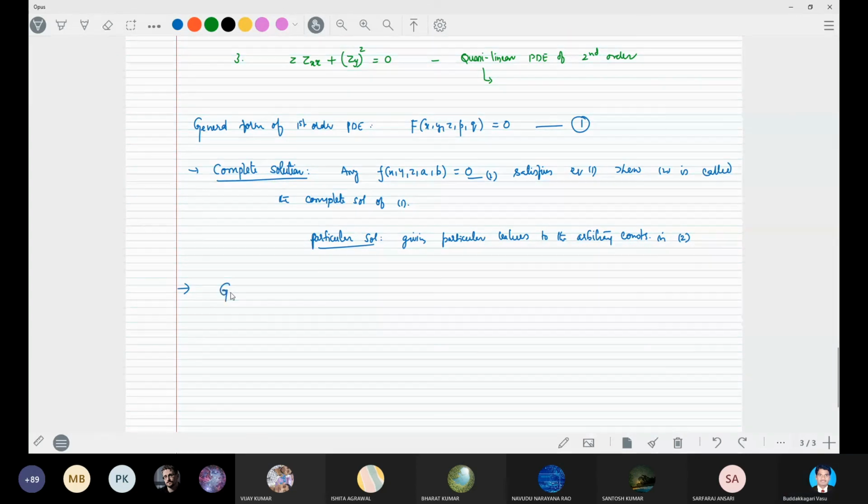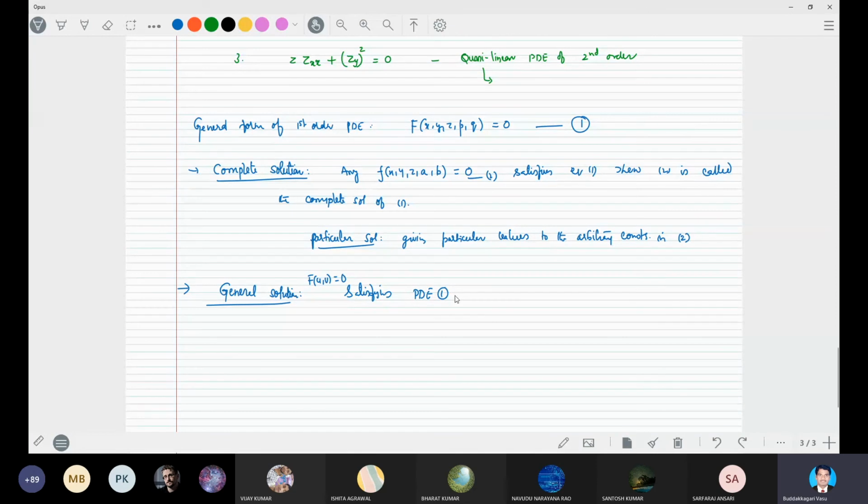Then the general solution. A differential equation satisfying the PDE 1, say the relation f of u comma v is equal to 0 satisfies equation 1.